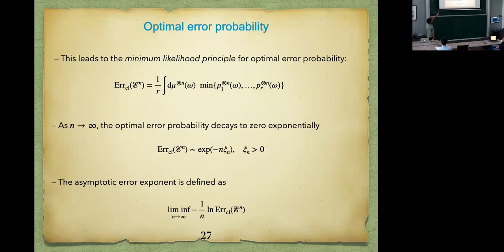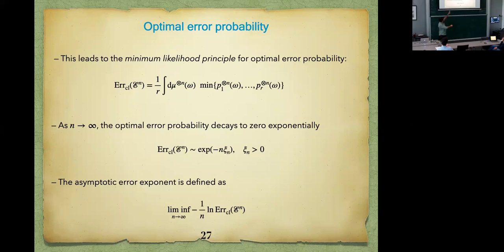As n tends to infinity, the optimal error probability decays to 0 exponentially. The definition of the asymptotic error exponent in the classical case is the same, and this is what we are after.